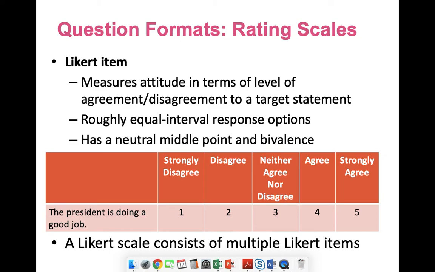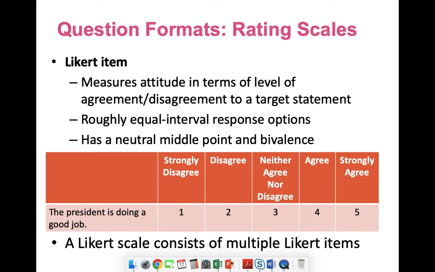There's numerical values that correspond to each response category. It's assumed that there's a roughly equal interval distance in between each of the response categories, and that there's a neutral point in the middle that represents ambivalence, that is neither agreeing nor disagreeing.